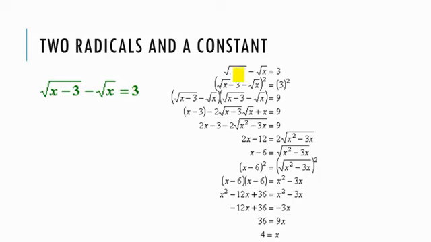Now, first I would make sure you get all the radicals by themselves and anything else that is not in a radical on the other side of the equation. Then square both sides.